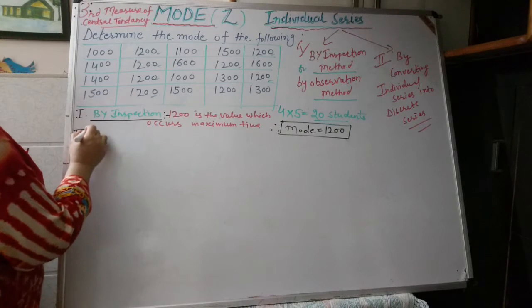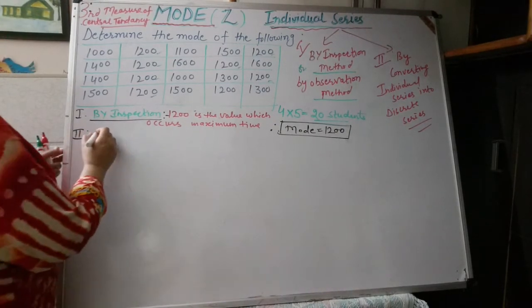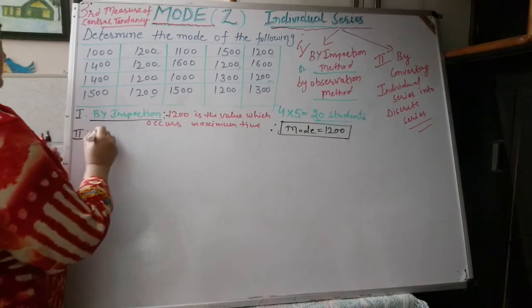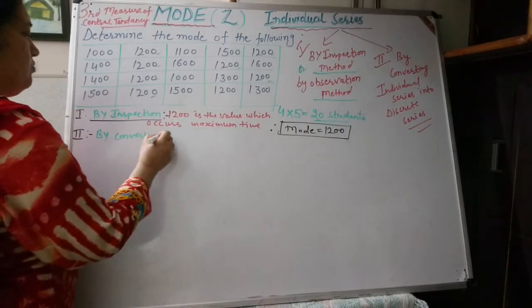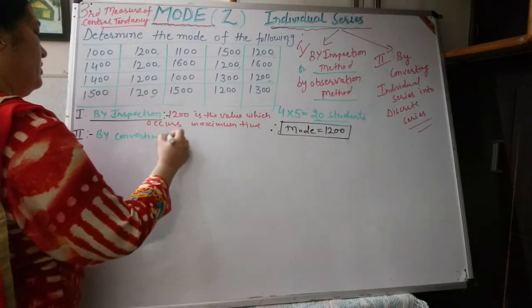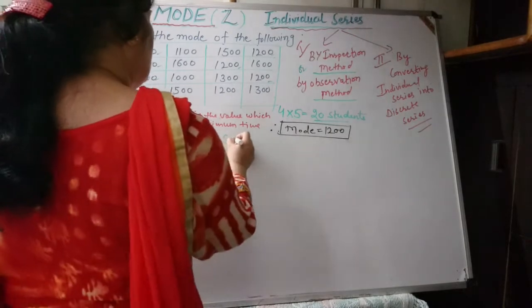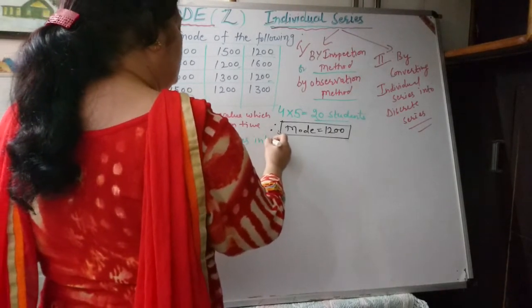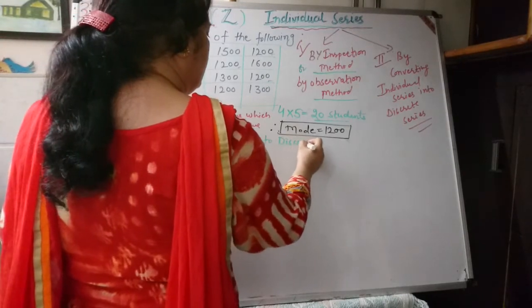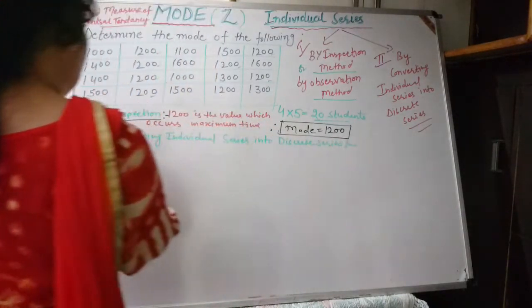Number 2, by converting individual series, because this is an individual series, here frequency is not given, into discrete series. Answer should be the same.